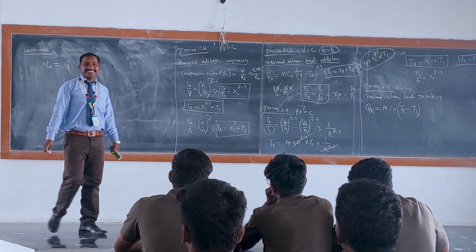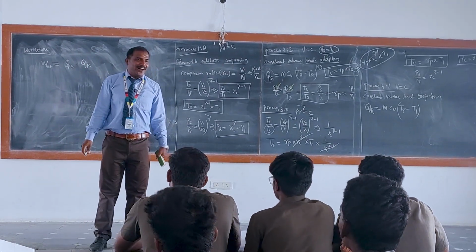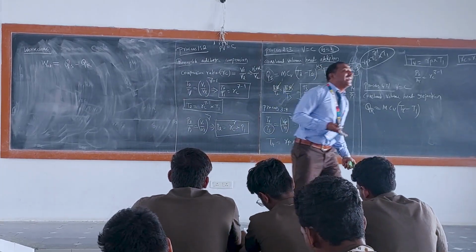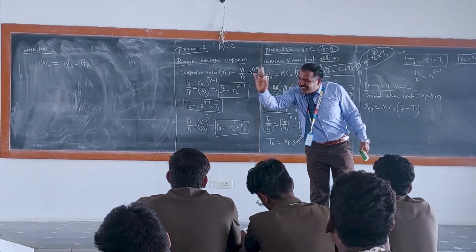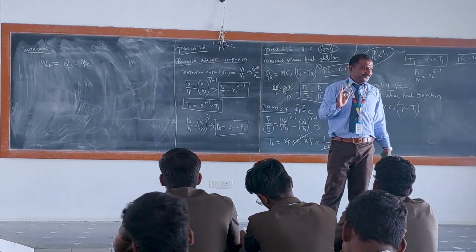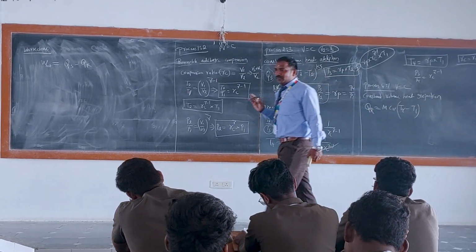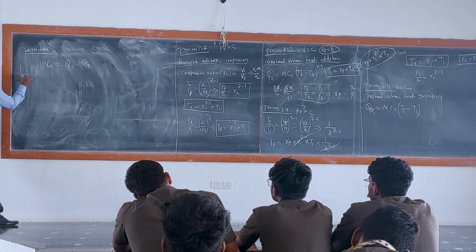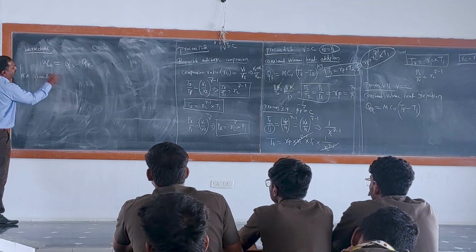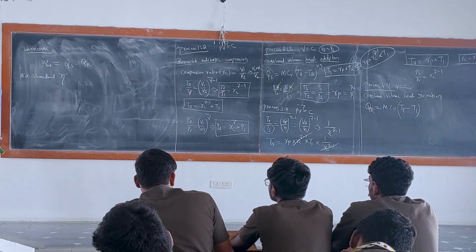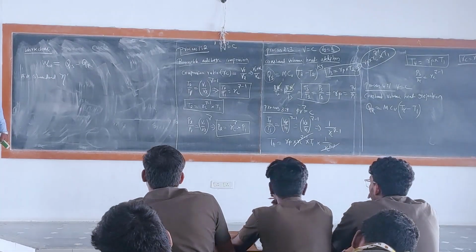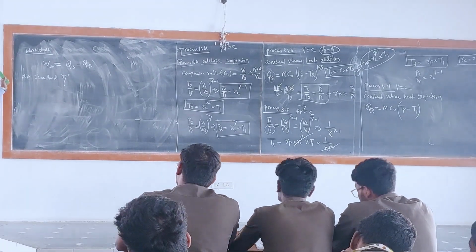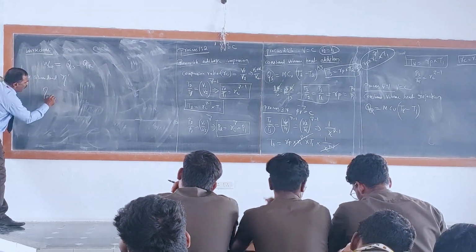If heat supplied is 1000 kilojoules and heat rejected is 500 kilojoules, the work done is 500 kilojoules. So W is QS minus QR. Next, efficiency, we call it air standard efficiency. Many names are there for this one.